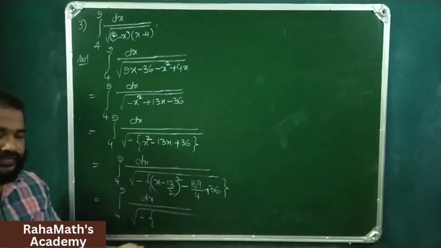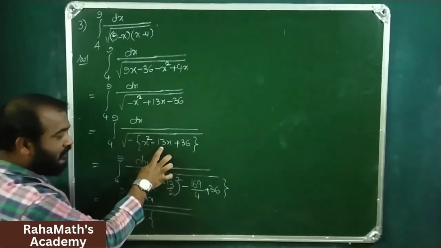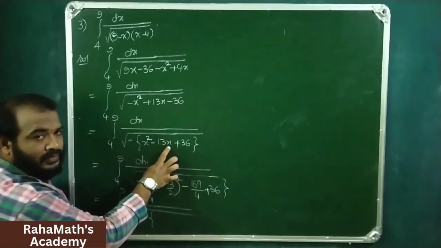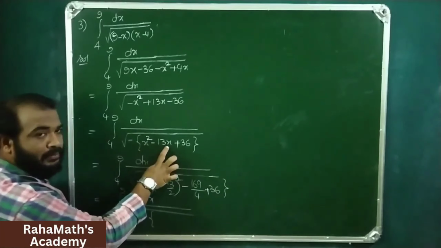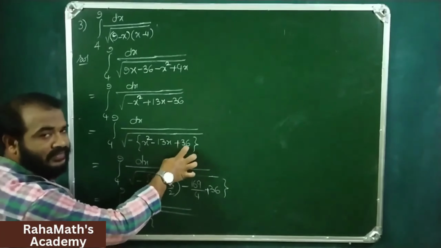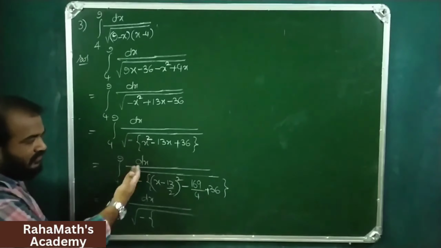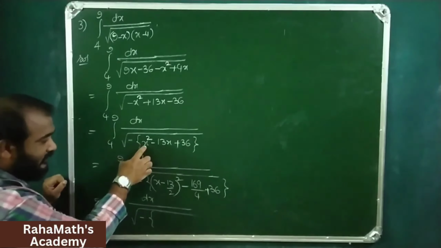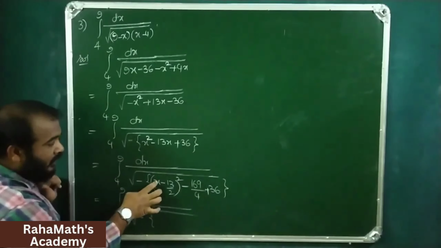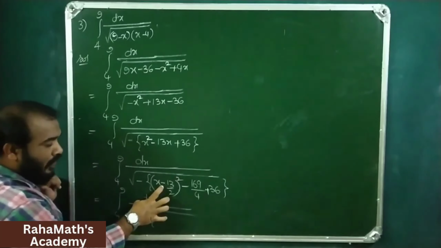Otherwise you may even prefer x whole square minus 2 into x into 13 by 2. So this is a square minus 2ab, b is 13 by 2, plus 13 by 2 whole square minus 13 by 2 whole square plus 36. Likewise, you have to do. Otherwise, I'm again telling you, x square, x you write. Here, if minus is there, same minus you have to write.